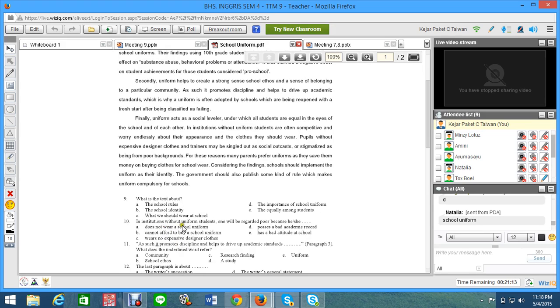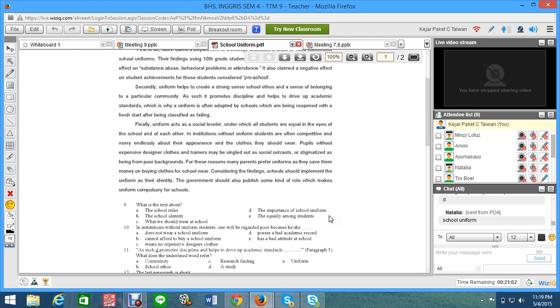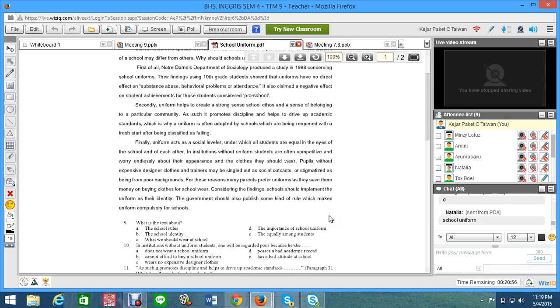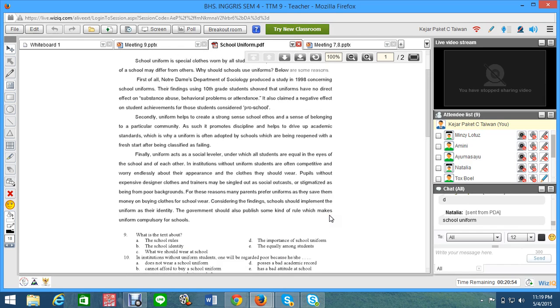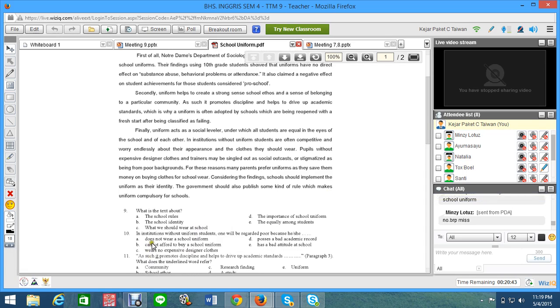Yang ke-10, the question is: in institution without uniform students, one will be regarded poor because he or she. Okay, let's see, yang mana nih? Nomor 10.